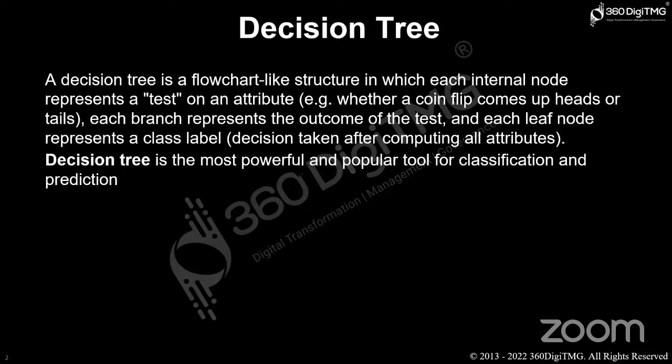Then we have something called a leaf node. What is this? Leaf nodes are those nodes that do not split. Nodes that do not split are called leaf or terminal nodes. We have something called pruning. What happens when you have a tree or a plant at your place?